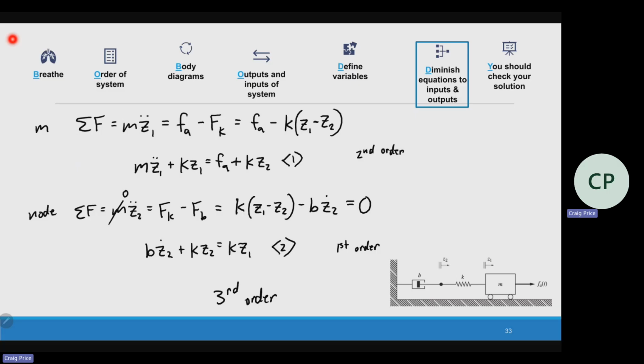That's its position. So in this case, z2 is the input. So I just want to keep all the like terms, not necessarily put all the z's together on the same side, but I want the z1s. This is my output variable. Any other z's are going to be my input. And again, why I don't combine these two is that I don't want a z2 dot, one output derivative variable, mixed in with another output, the z1 double dot. So we can't just try to combine it all. We want to keep these separate. So this is my output side. Anything else, we should have no derivatives on the right-hand side, the input side. But good question.